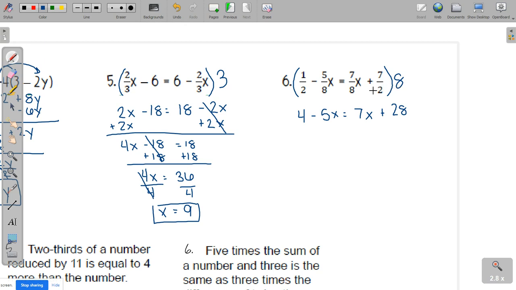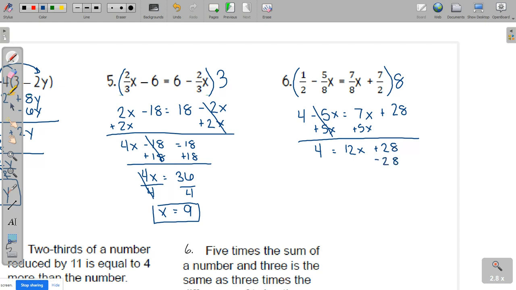Now let's combine our like terms. So let's add 5x to both sides. Left with 4 equals 7x plus 5x is 12x plus 28.